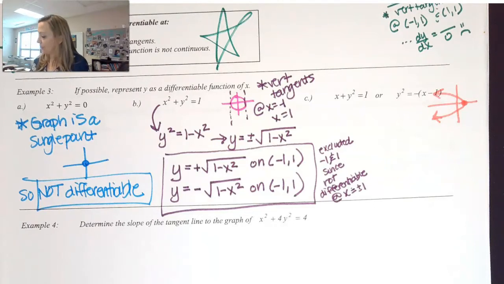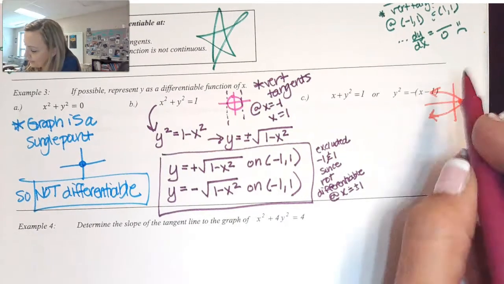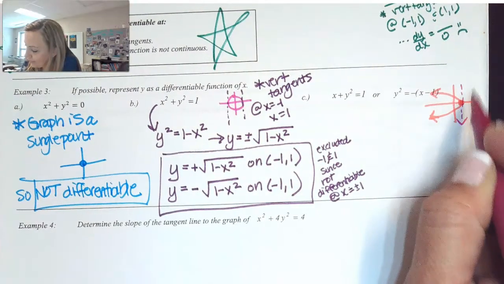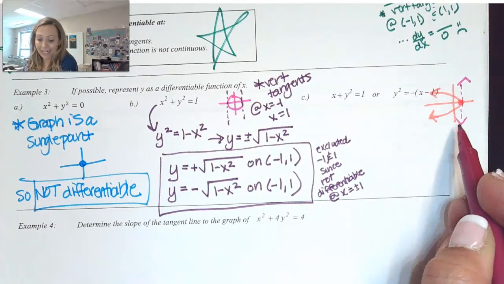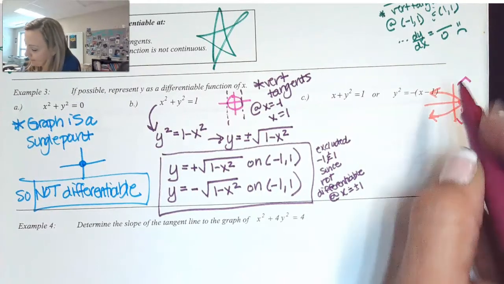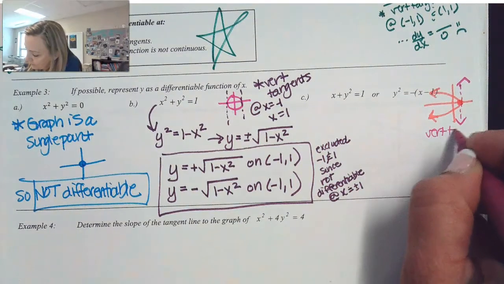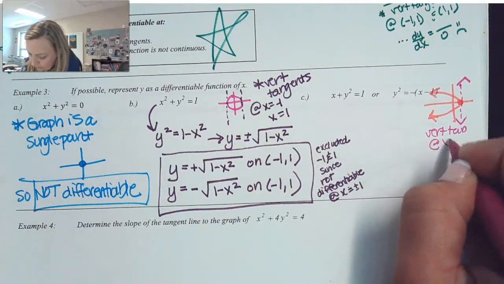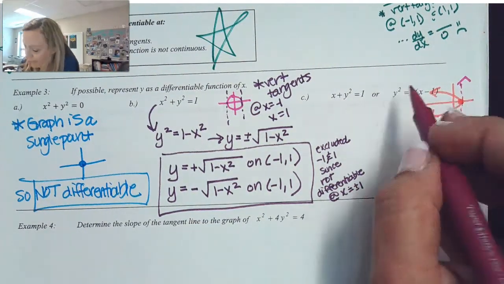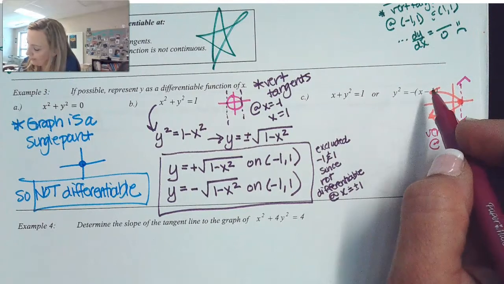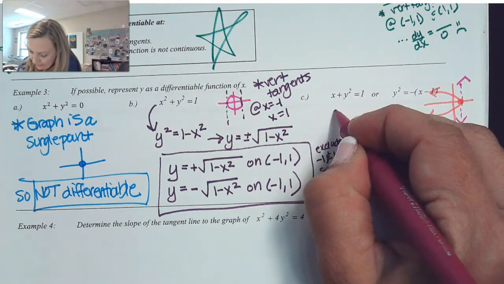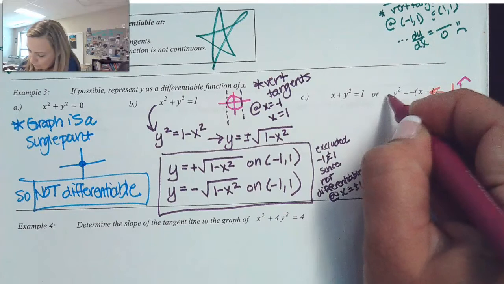Okay. However, if we start dissecting that a little bit, what we see is there's going to be a vertical tangent here, again at x equals 1, okay? So that means that we could think about this as, we'll do this one.